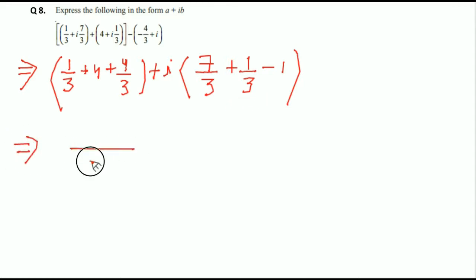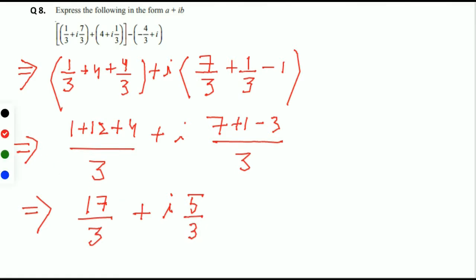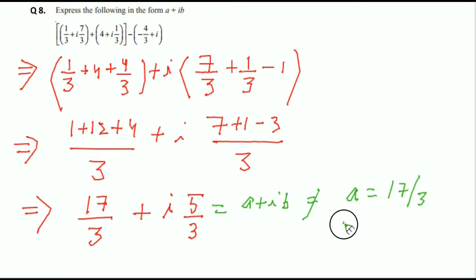If you add this, 3 will be the LCM: 1 plus 12 plus 4. Here also the LCM is 3: 7 plus 1 minus 3. So you can write 12 plus 4 is 16, plus 1 is 17 by 3, plus 7 plus 1 is 8, 8 minus 3 is 5, so iota 5 by 3. This is the form a plus ib, where a equals 17 by 3 and b equals 5 by 3. Simply add real with real and imaginary with imaginary.